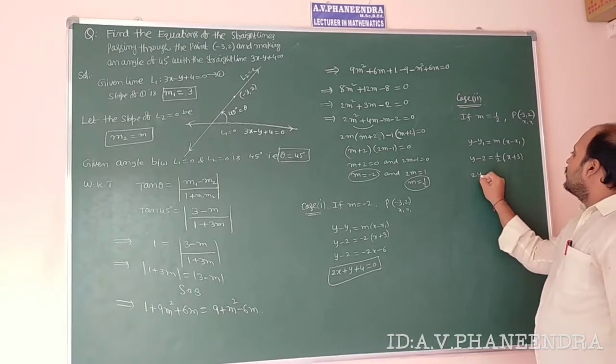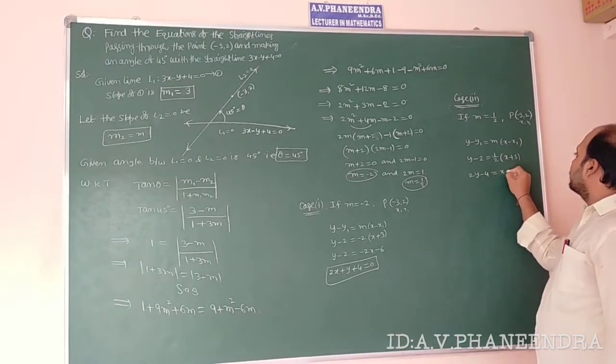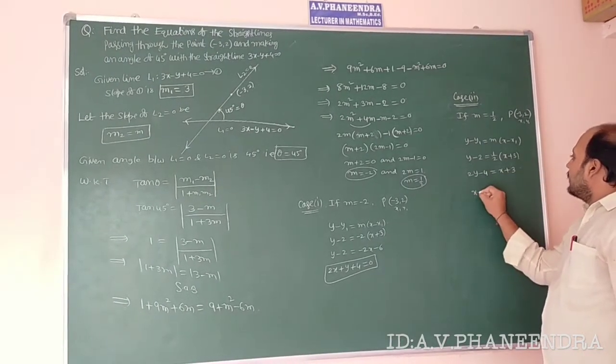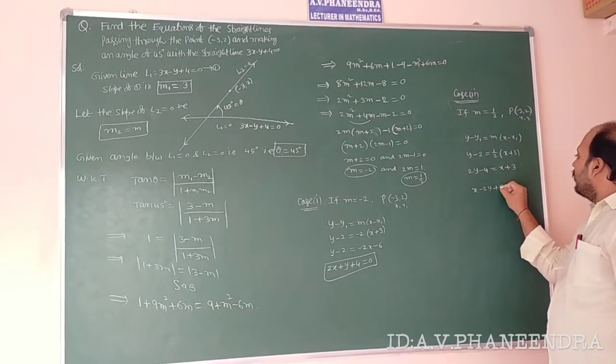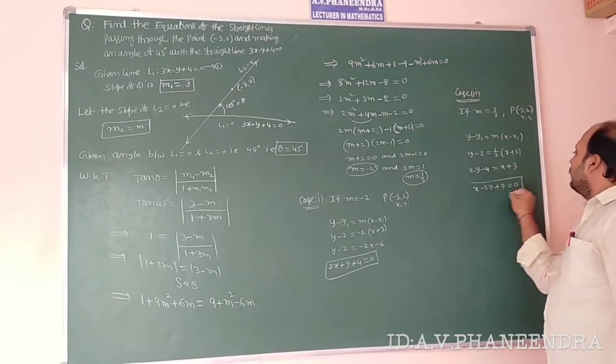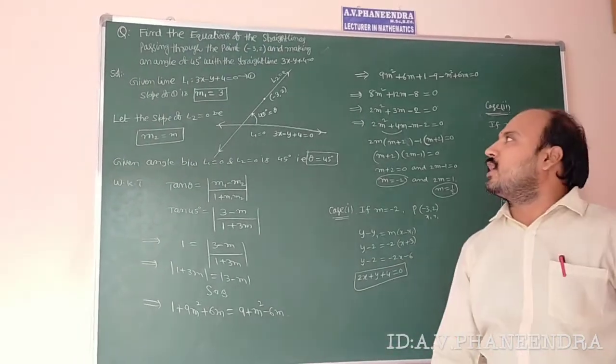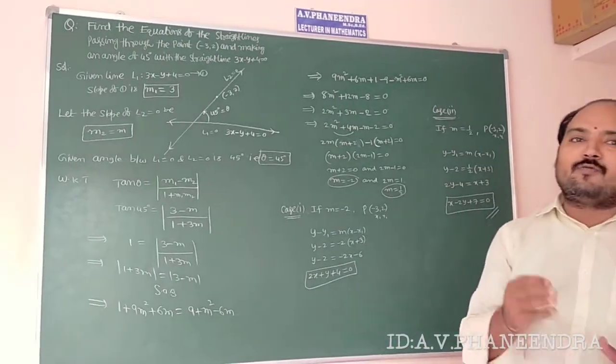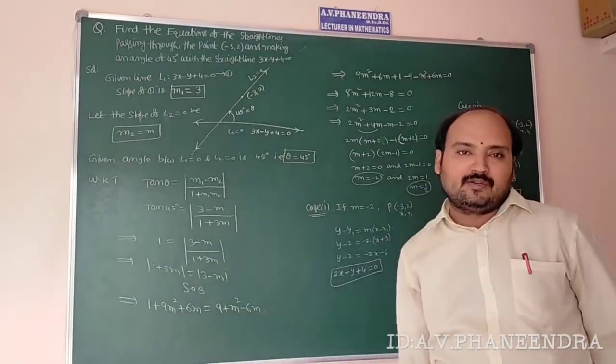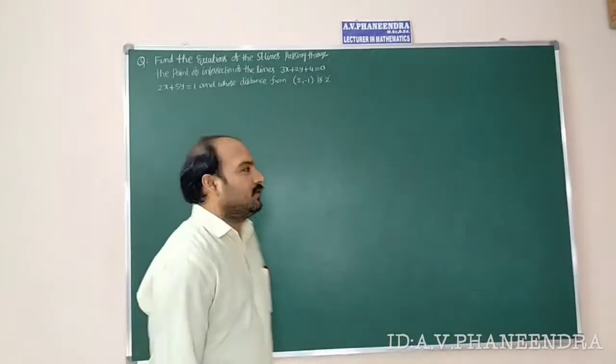Cross multiply: 2y minus 4 equal to x plus 3. So x minus 2y plus 7 equal to 0. These are the two lines passing through the point minus 3 comma 2 and making an angle of 45 degrees with the given line. Next question.